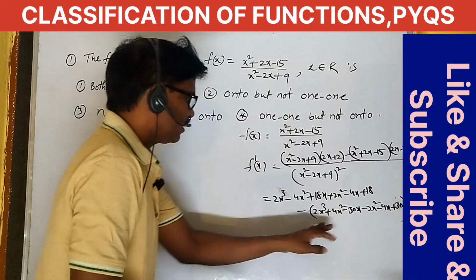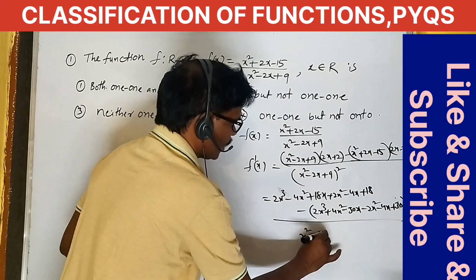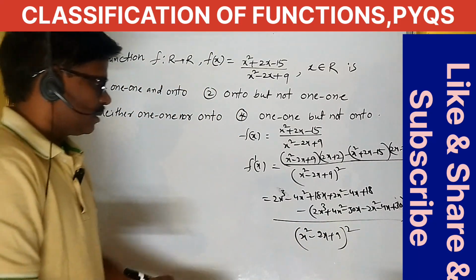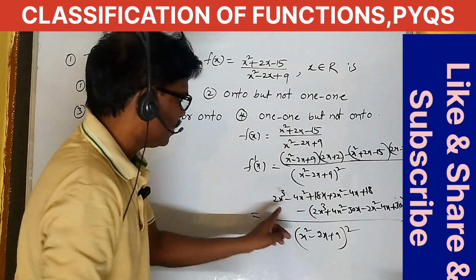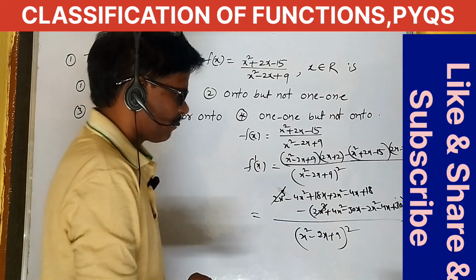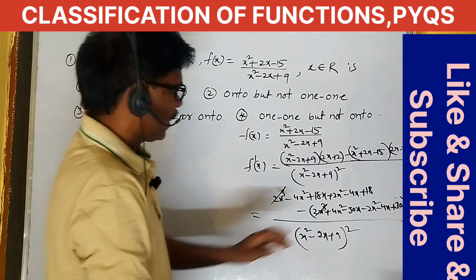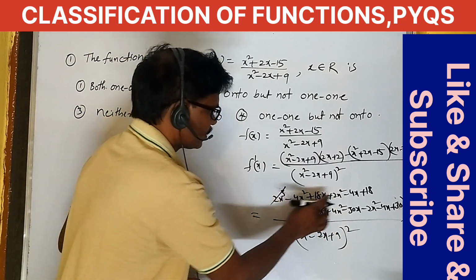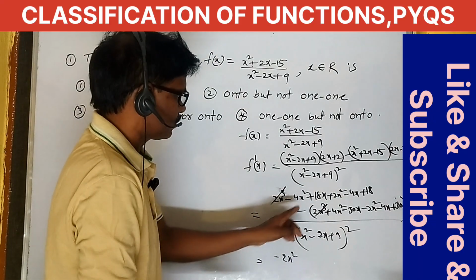Applying the minus, this is 2x cube by (x square minus 2x plus 9) whole square. The 2x cube and 2x cube get cancelled. Minus 4x square minus 4x square gives minus 8x square, 18x is also positive. Next 2x square, both are added first, next subtraction: 4x square minus 2x square is minus 2x square.